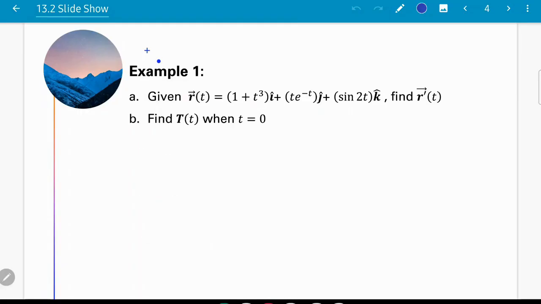So let's take a look at example 1. Given r of t is 1 plus t cubed i hat plus t e to the negative t j hat plus sine 2t k hat, we want to find r prime of t.